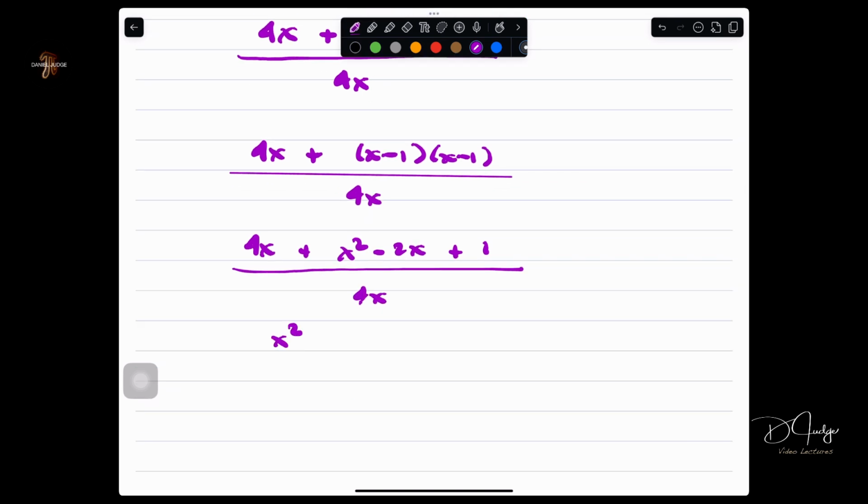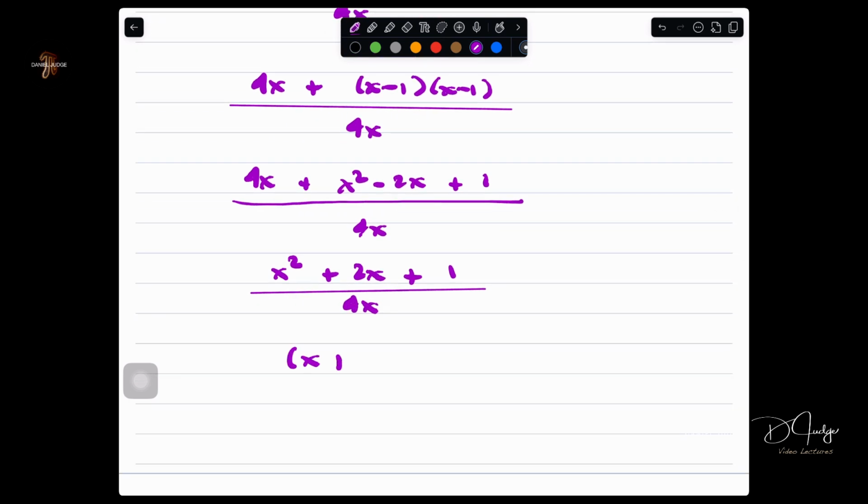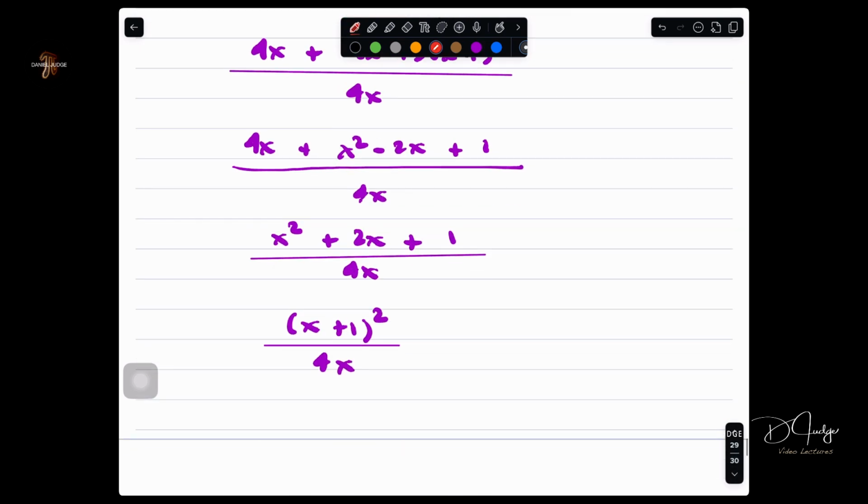So we get x squared plus 2x plus 1 over 4x. And this is now going to be (x plus 1) squared over 4x. And this is all under that radical.